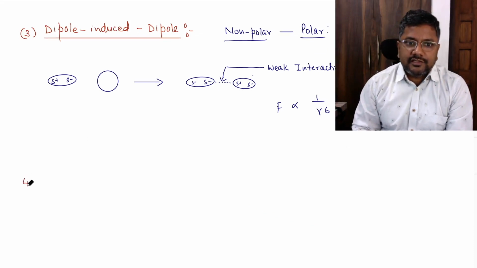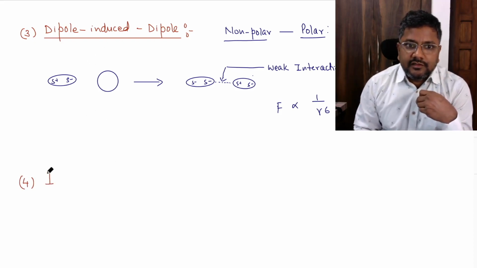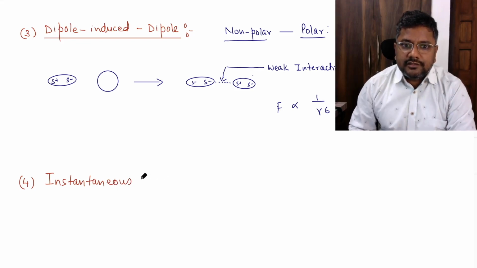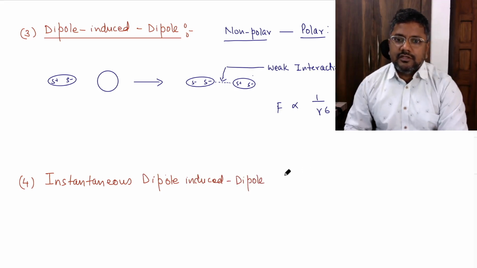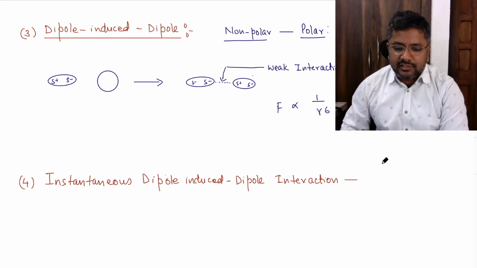Fourth type of interaction is instantaneous dipole induced dipole interaction, also known as London dispersion forces.